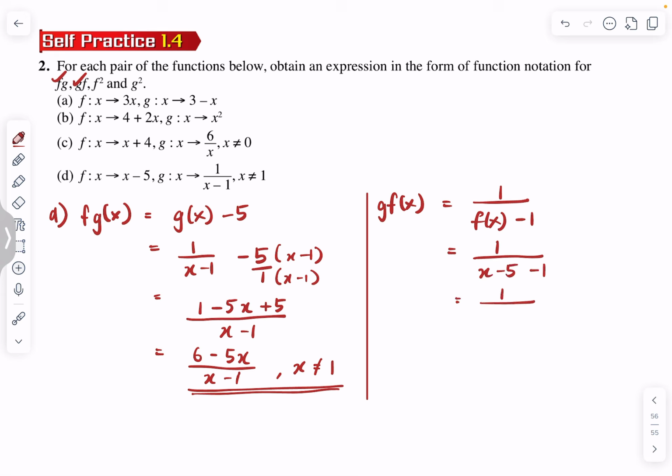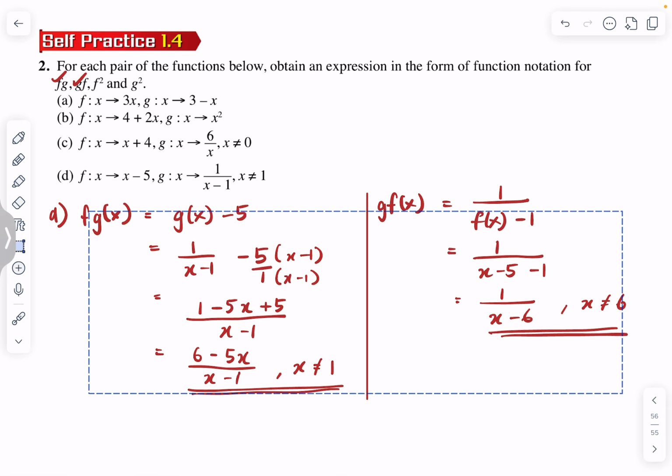So this will give us x minus 6. So the condition is x cannot be 6, because 6 minus 6 will give us 0. So the denominator cannot be 0. So this is our answer. Let me erase this.